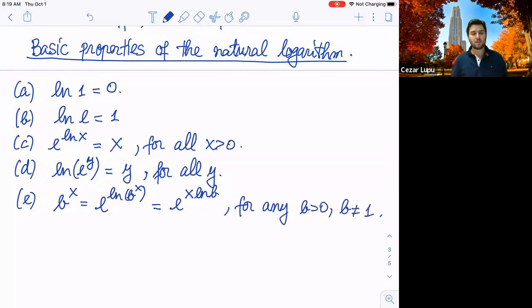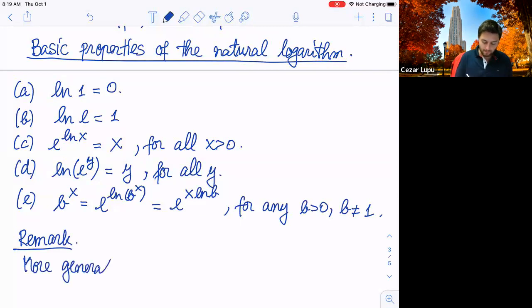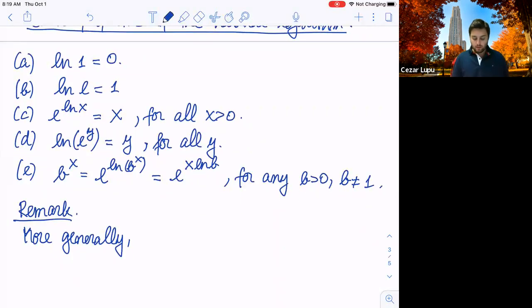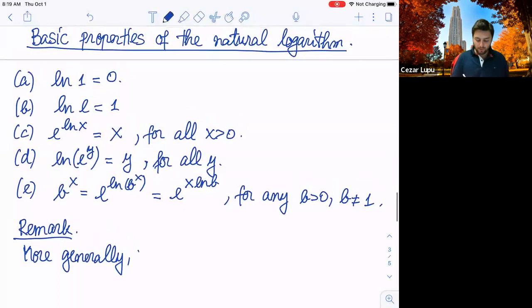So these are the basic properties. I want to explain a bit more because I think in my notes it is not explained. Let me point out a remark here. More generally, we have the following.